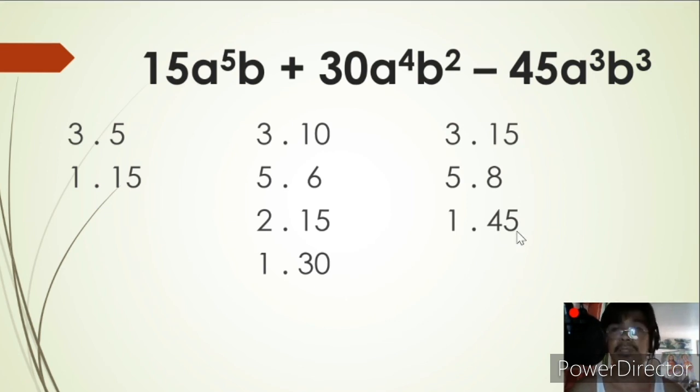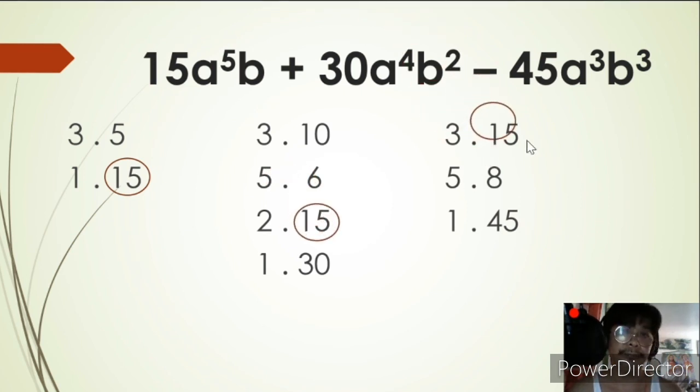Now, among the factors that we get for each numerical coefficient, all we need to do is to find the GCF, or the greatest common factor. And the greatest common factor is 15. As you observe, we have 15 here, and we have also 15 here. So that is the greatest common factor between 15, 30, and 45.